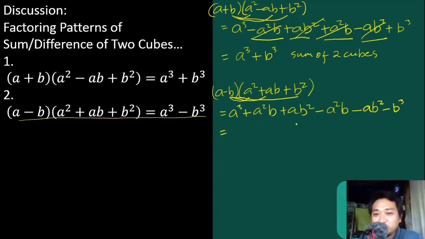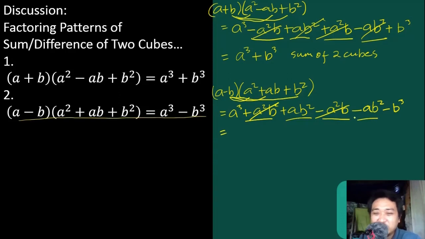Now, let us try to distinguish the similar terms. So, you have positive A squared B and negative A squared B. Since both of them have opposite signs, but they are very much likely the same term, we'll just cancel it out because they are zeros. As well as AB squared and negative AB squared.